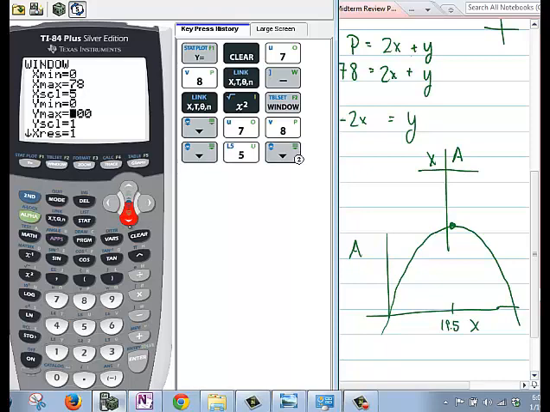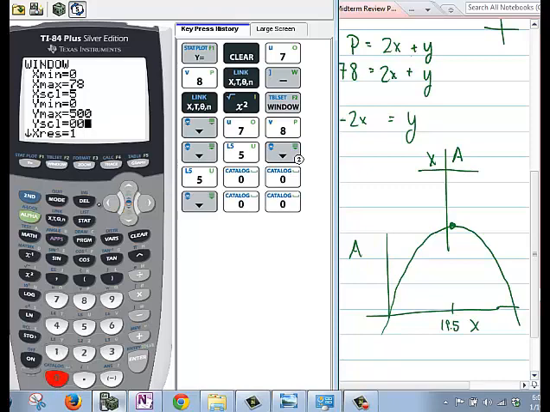And to be honest with you, I'm going to say let's use like 500 as square footage. That may not be enough to capture the max, so we'll have to look at the graph and make a decision once we see it. I'm going to make my y scale go up in increments of 100. Well, that's not right. That looks like it's going up in increments of 0. I think that would give me an error.